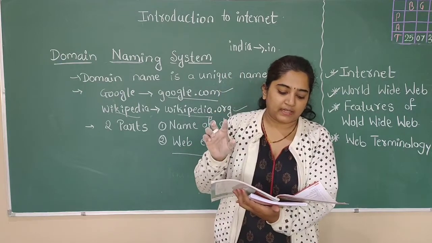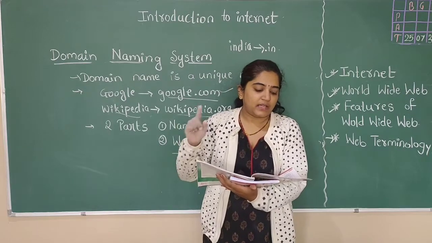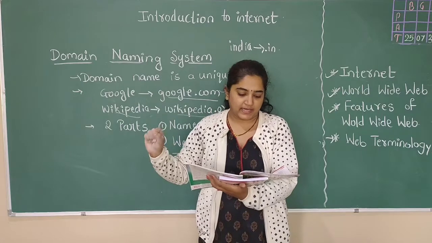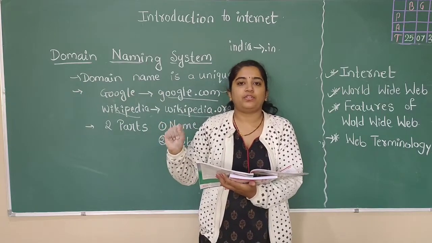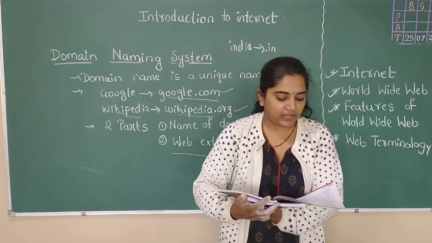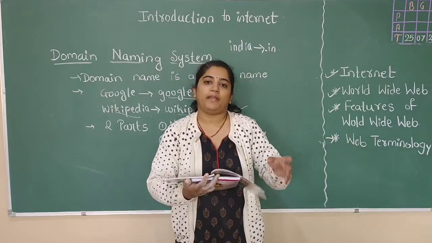So there are certain rules that must be kept for declaring the domain name. The first one is it should have alphabets, that is A to Z, and numbers like 1 to 9. The hyphen is the only special character allowed in the domain name.